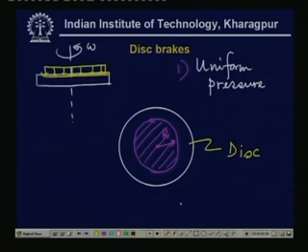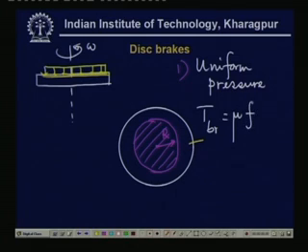In that case, the braking torque is equal to mu times F, where F is the total force applied.